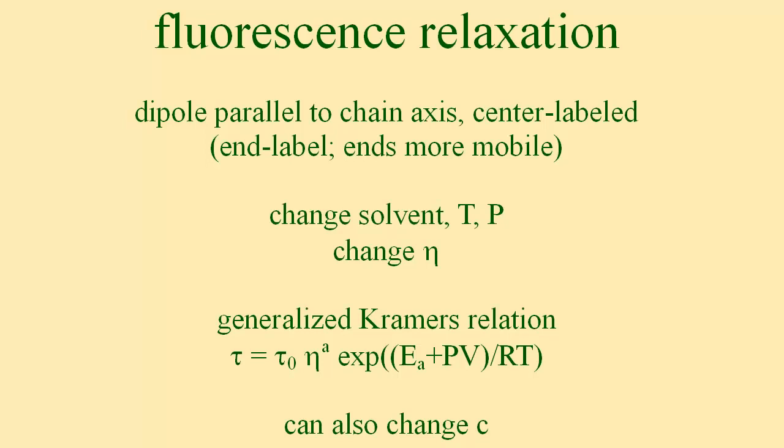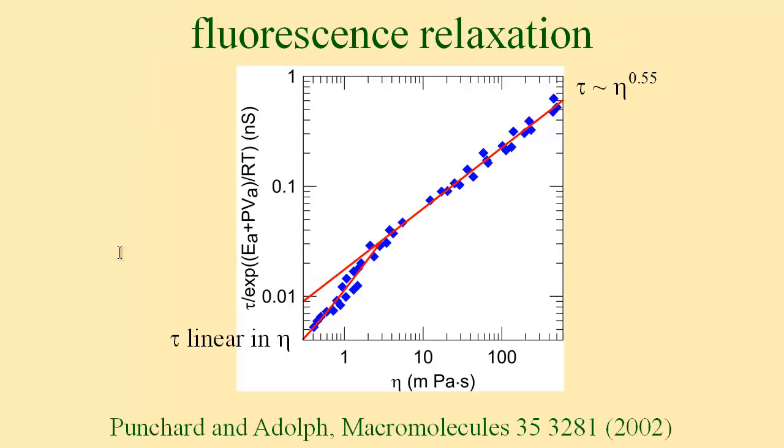Of course, you could also change the viscosity by changing the chain concentration. This slide shows results of Punchard and Adolph on center-labeled polyisoprene. By changing the solvent, the temperature, and the pressure, a wide range of different viscosities, horizontal scale, were obtained. However, all of the dependencies on temperature and pressure and viscosity are reduced to three parameters.